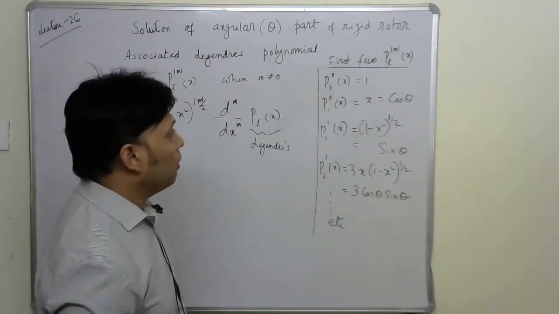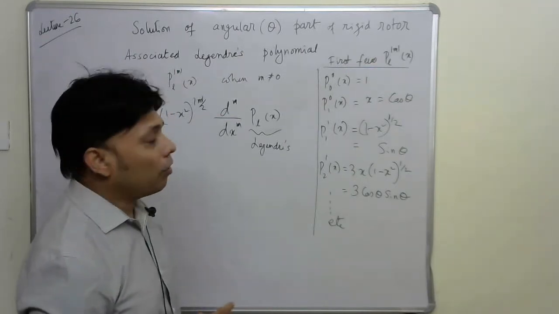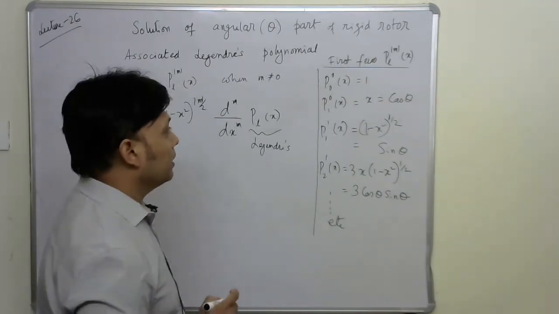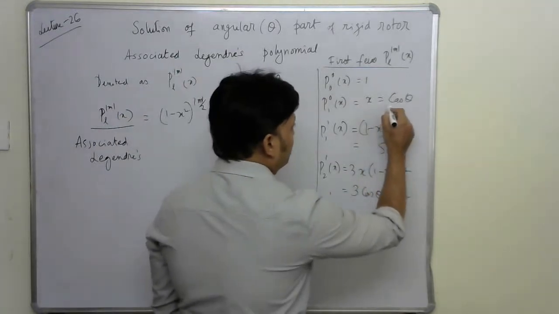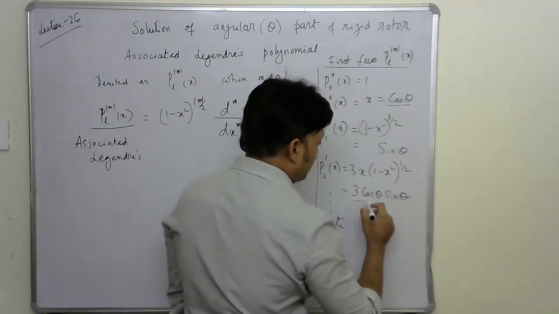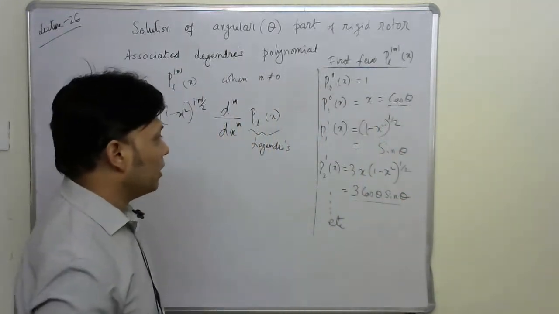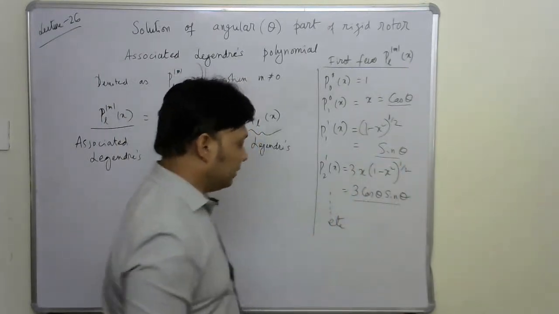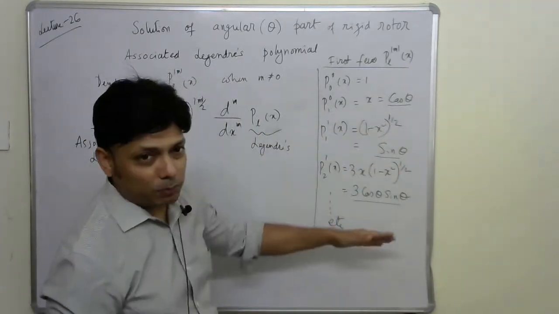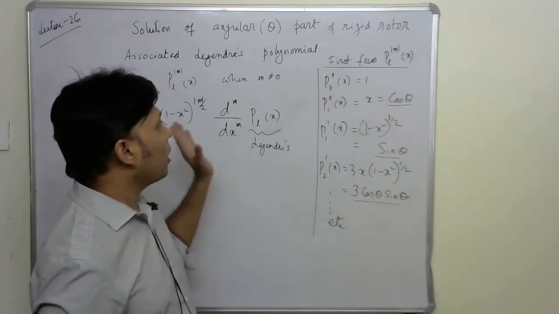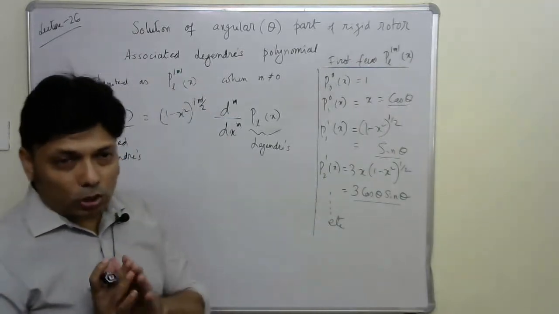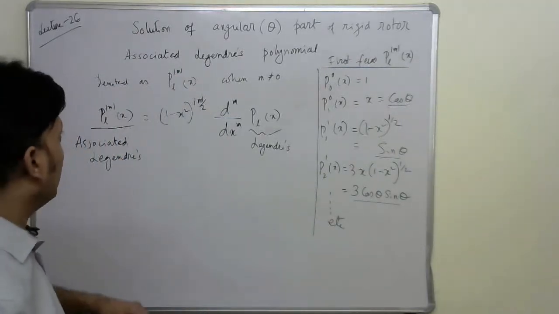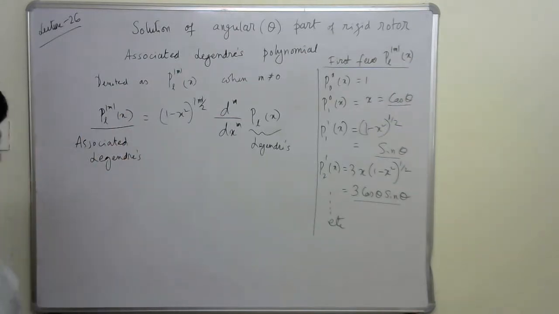Later, when you see the exact solution for the hydrogen atom, say for the p orbitals pz, px and py, you will find that such expressions appear, and it all comes from the solution of the angular part, that is the Theta part.